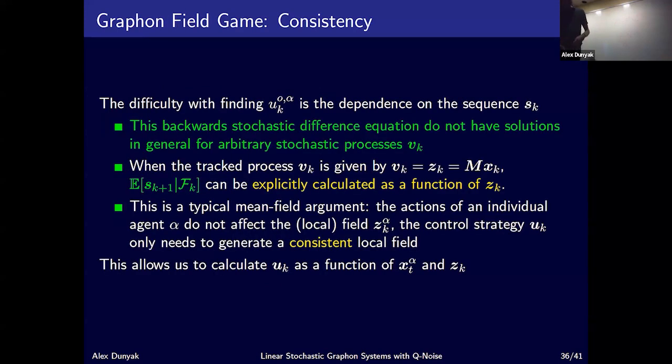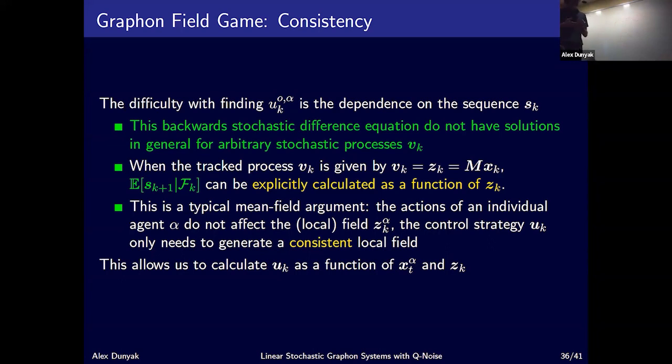The difficulty with finding this U is that you don't know the sequence S, and in general, you don't have a solution for these stochastic processes. However, because we're working in the graphon world, and we know that the process V is exactly equal to Z, which is exactly equal to M operating on X, then you can explicitly calculate the expectation of S one step into the future.